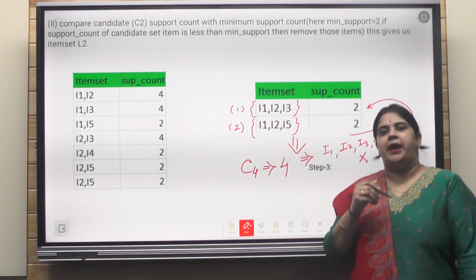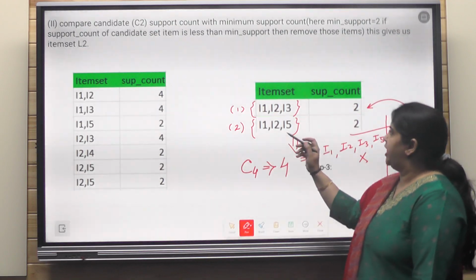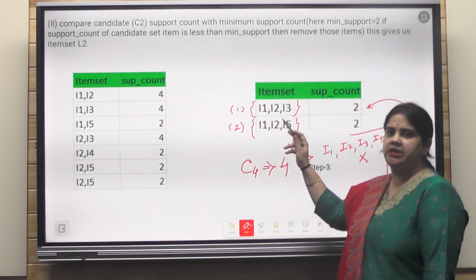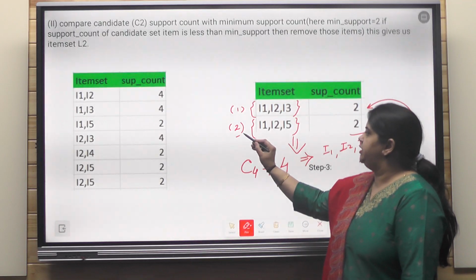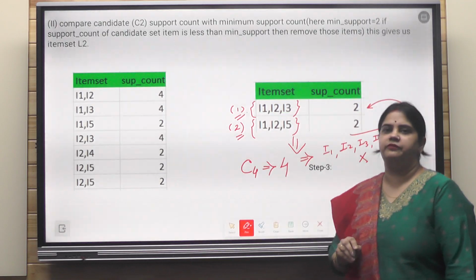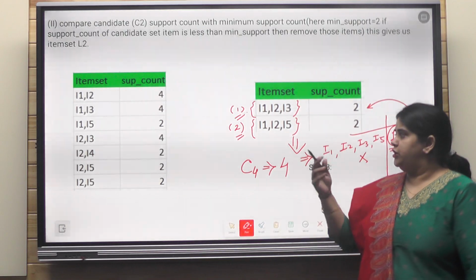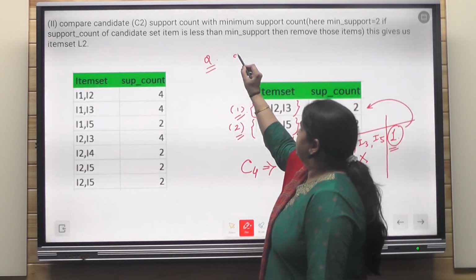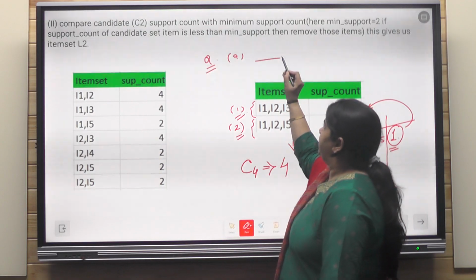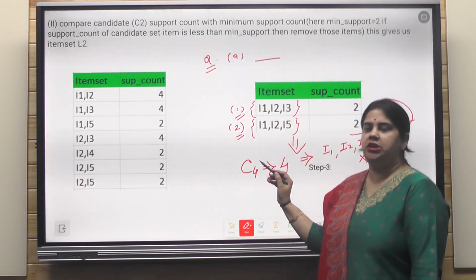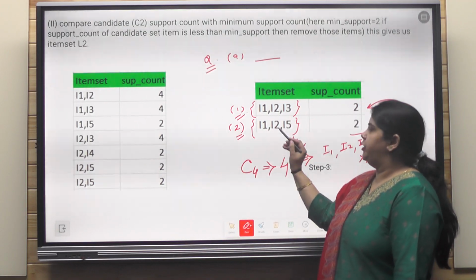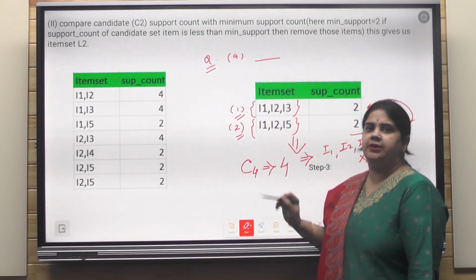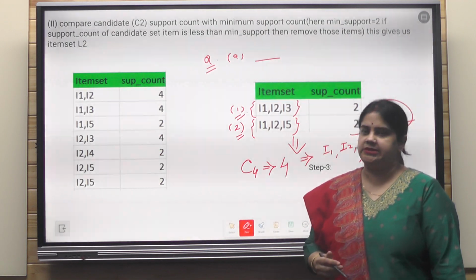I will backtrack my step and find that whoever is present in my bucket list will be considered as my frequent item sets. So if the question asks what the frequent item sets are, my conclusion here is 1, 2, 3 and 1, 2, 5. These are the 2 subsets which are frequent item sets.